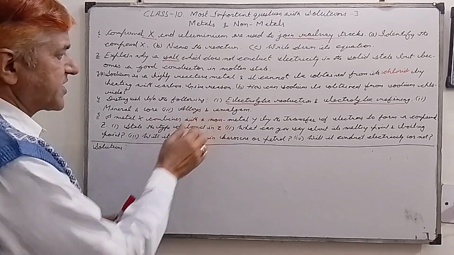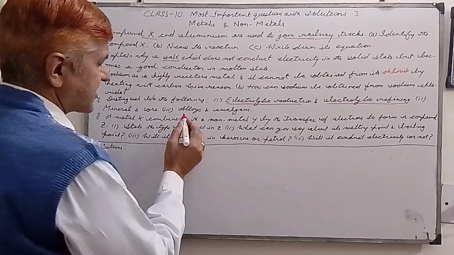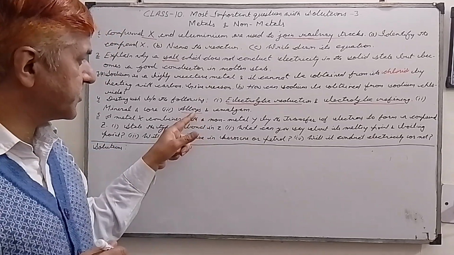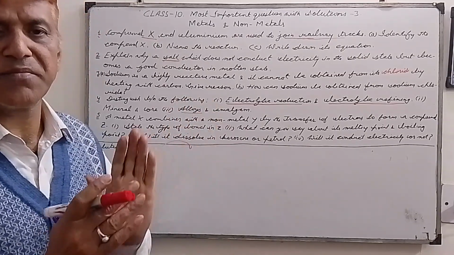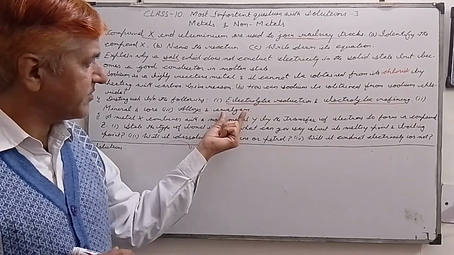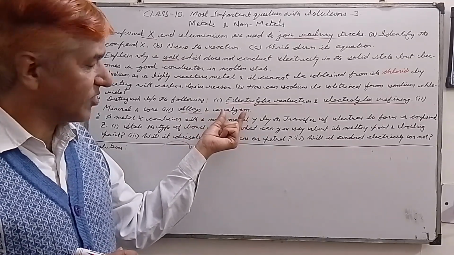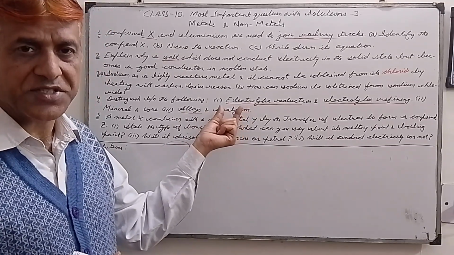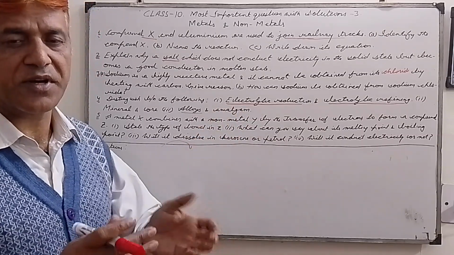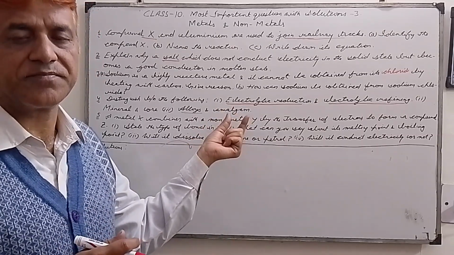Number 3, alloys and amalgam. Alloy is a homogeneous mixture of two or more metals, or one metal and one non-metal. And amalgam is also an alloy, but in amalgam, one of the components of the alloy is mercury.